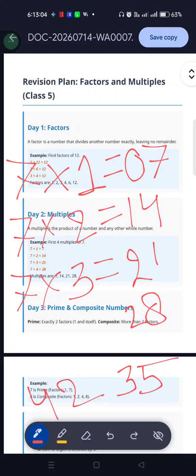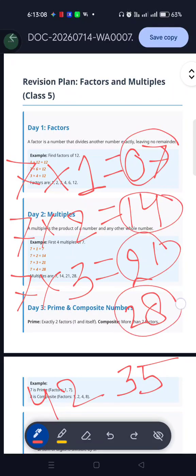So these are the multiples of 7: 7, 14, 21, 28, 35 and 42. These all are the multiples of 7. So multiples are easy. You only read the table of any number, and you will get the multiples of that number.